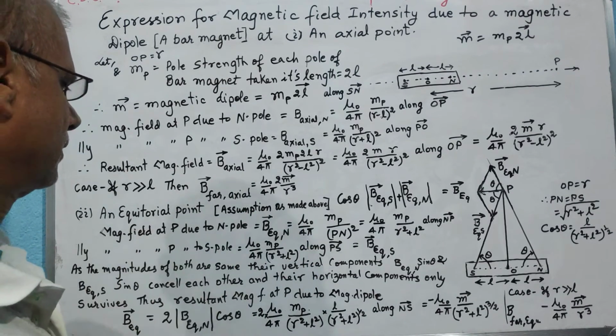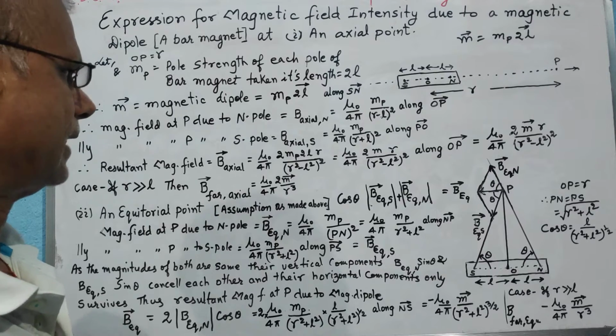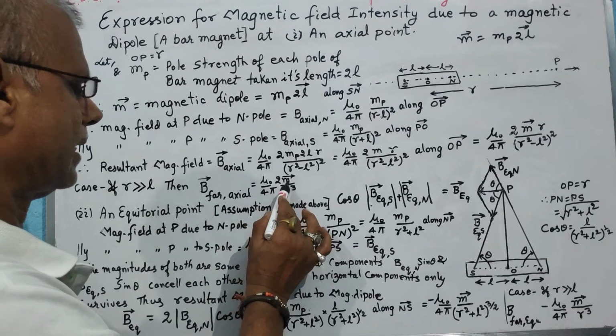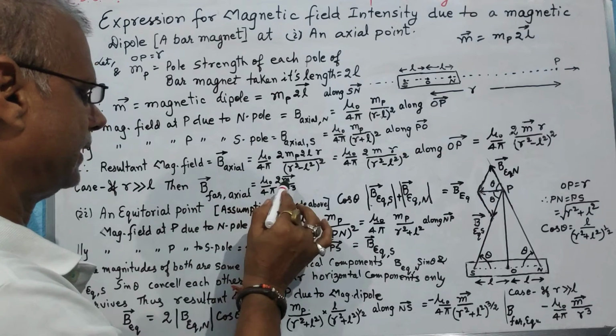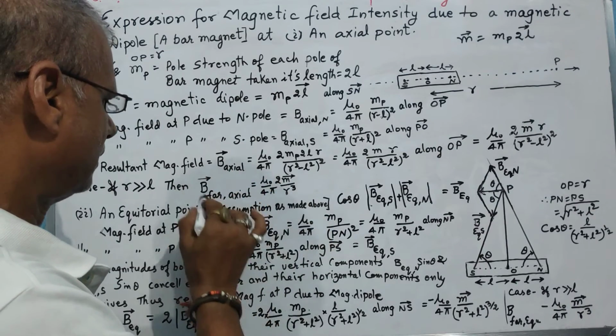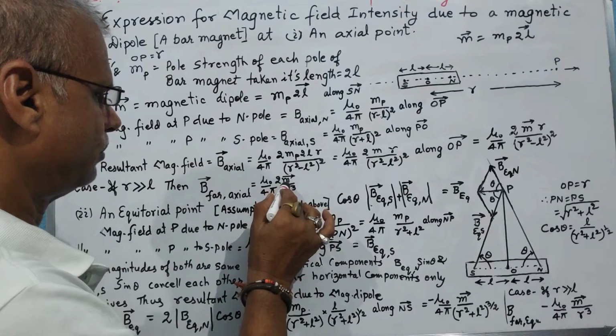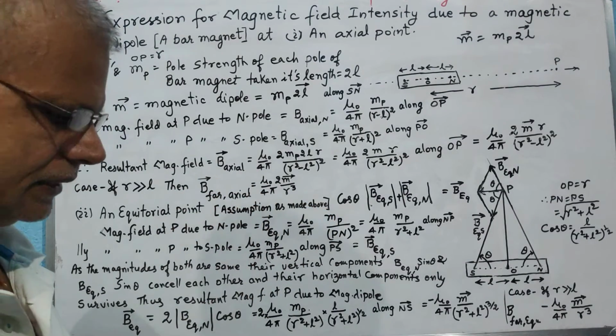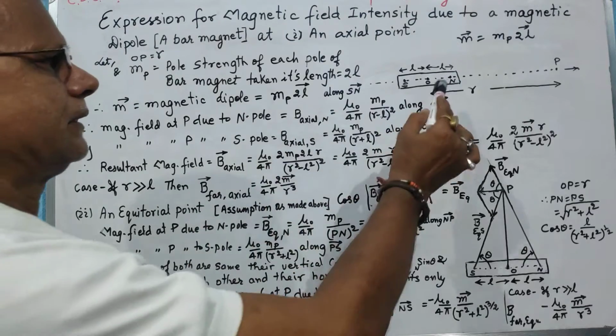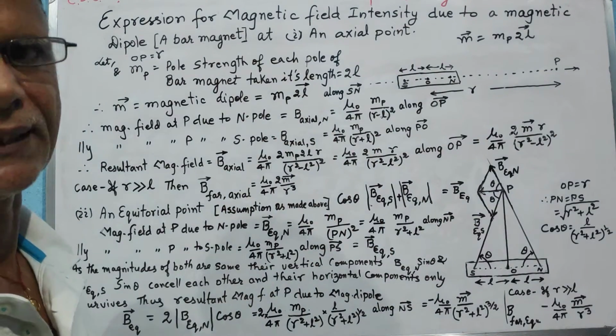So this is the magnetic field, and the direction is along the magnetic dipole moment, which is included here because you have written it in vectorial form. So whatever the direction of the magnetic dipole moment is, that will be the direction of the magnetic field intensity due to the magnetic dipole at some axial point.